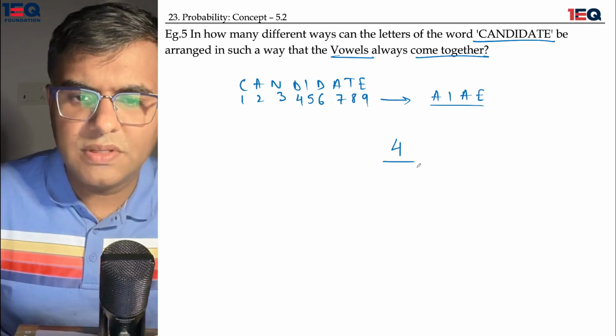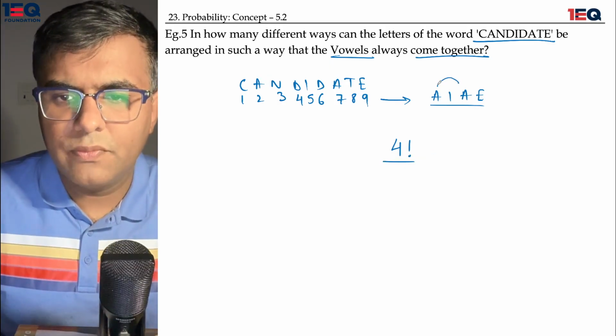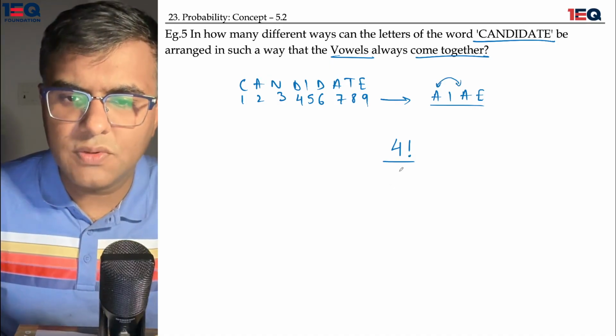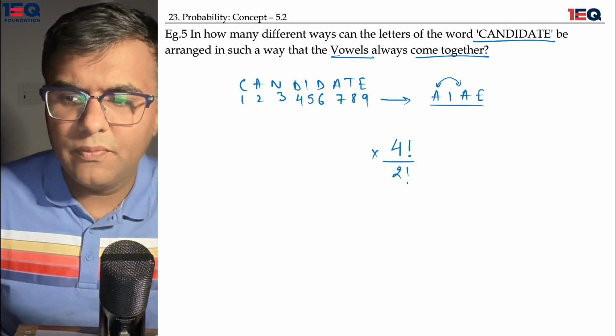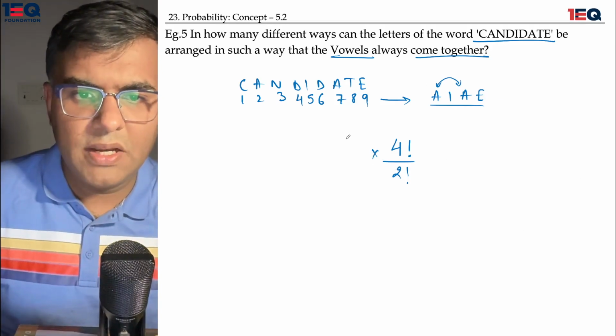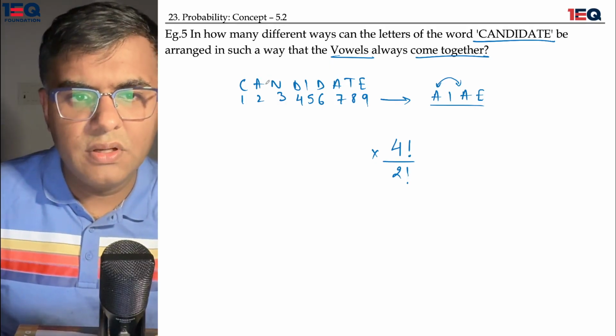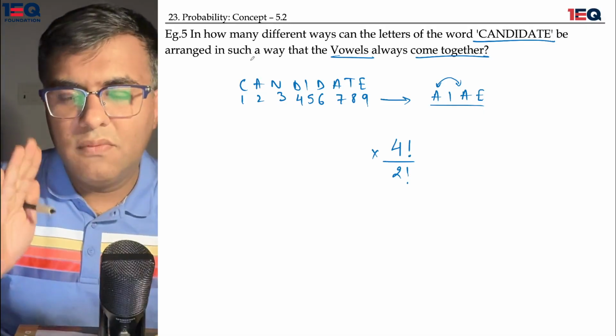So out of four options, this makes it 4 factorial. Now, two of them are same, A and A are same, so 2 factorial. This would be multiplied by the number of characters left behind plus 1. Why would I do plus 1?